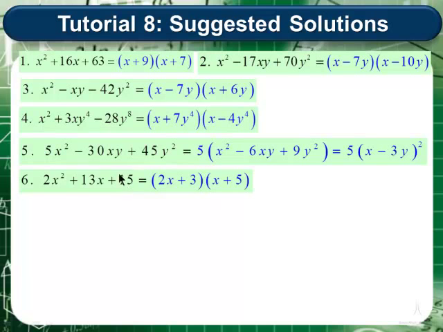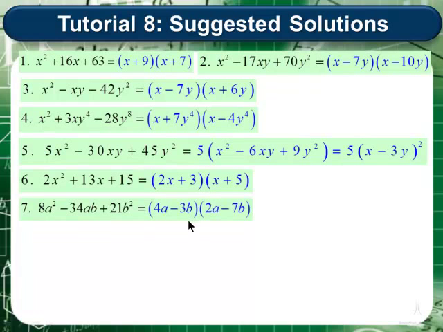Look at the combinations which will ensure the middle term has a numerical coefficient of 13. So here we go, 3 times x and 2x times 5, 10x plus 3x is 13, so this would be the correct combination.